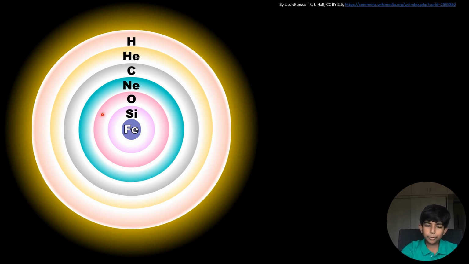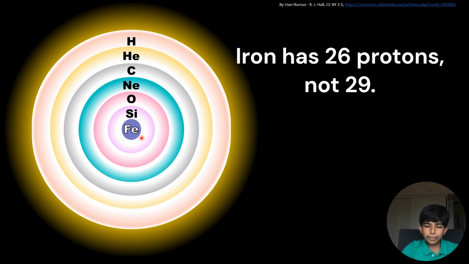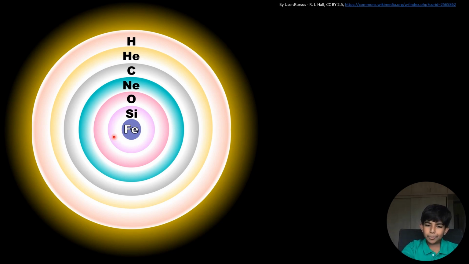Now inside the core there are lots of neutrons. The iron nuclei capture the neutrons and then they become much heavier. First it was iron with 26 protons and 30 neutrons, but now it will have many more neutrons.